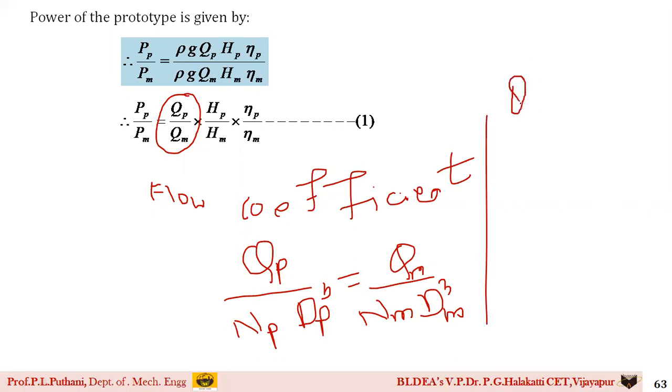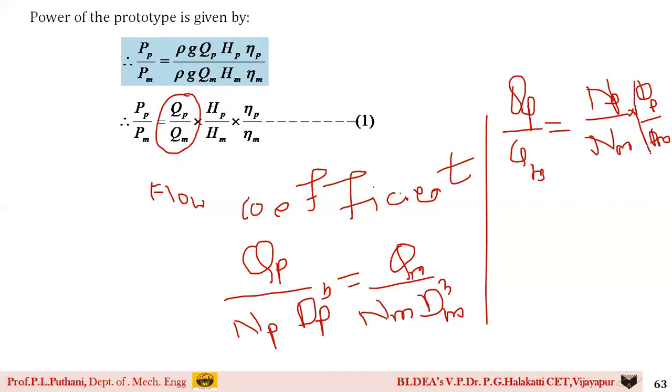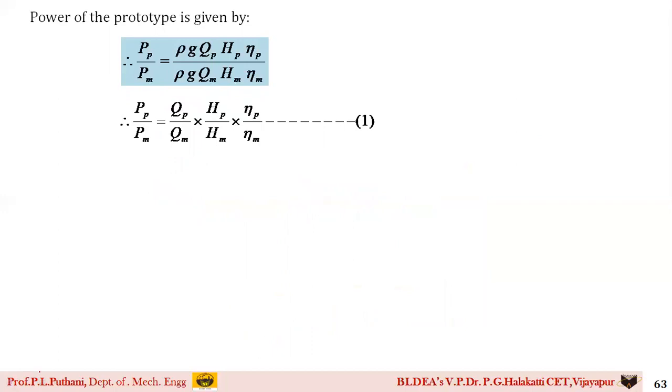I can write it as QP by QM is equal to NP by NM into dP by dm whole to the power of cube. If you have all the values, you substitute them, you will get the resulting equation.